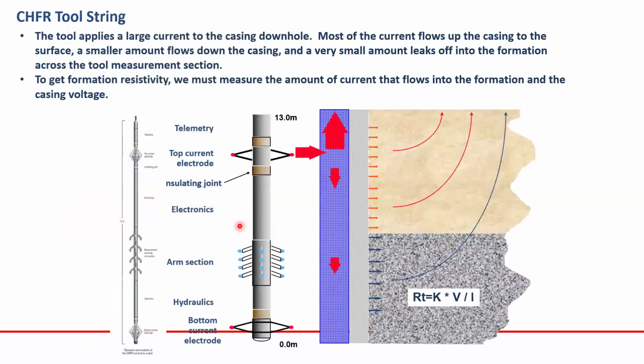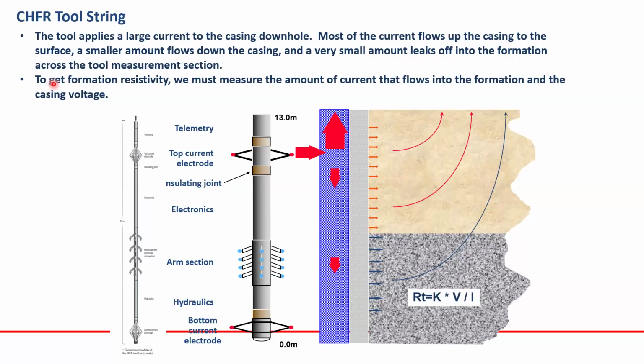The tool is just like a lateral log. It just enforces current in the formation. Most of it goes to the casing, and some of it goes to the cement and formation. The tool applies a large current in the casing downhole. Most of the current flows up the casing to the surface. A smaller amount flows down the casing, and a very small amount leaks into the formation across the tool measurement section.